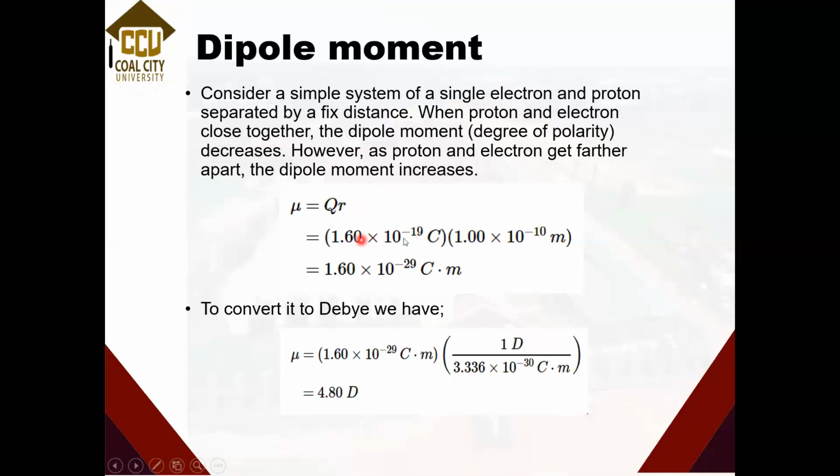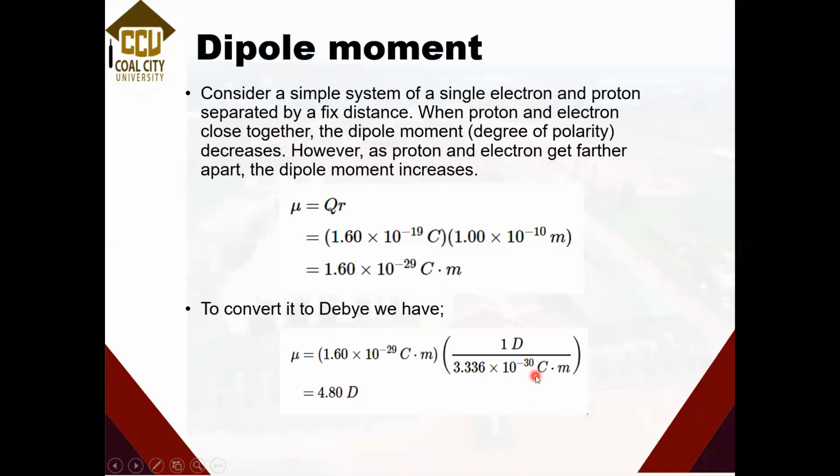So this is the charge of an electron times 1 Angstrom distance, which we must change to meters. It will give us 1.60 times 10 to the power minus 29 coulomb meter. But don't forget, we are supposed to measure it in debye. And I told you that 1 debye is equal to 3.336 times 10 raised to the power minus 30 coulomb meters.